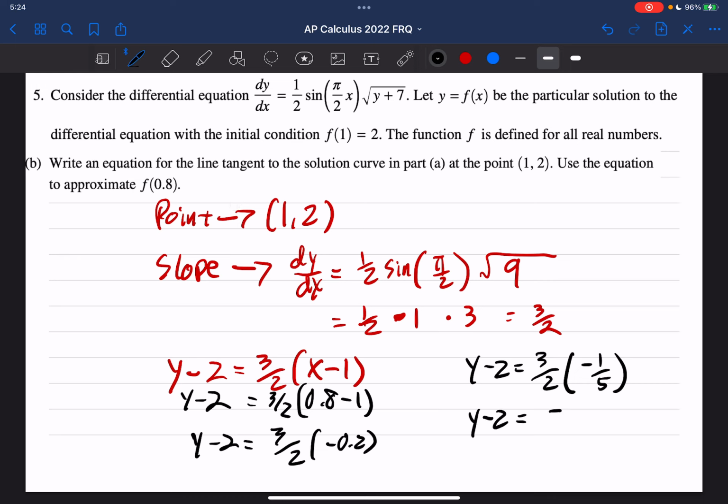So when we multiply that, we get negative 3 over 10. So 2 minus 3 over 10 is 20 over 10 minus 3 over 10, which is 17 over 10. So there is our approximation for f of 0.8, 17 over 10.